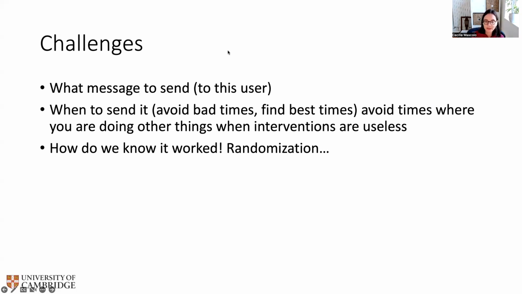Some of the examples I'm giving today are really about how you make sure you have enough randomness or diversity in the study to show that a message sent to a user, perhaps in a certain context, at a certain time of day, is working.